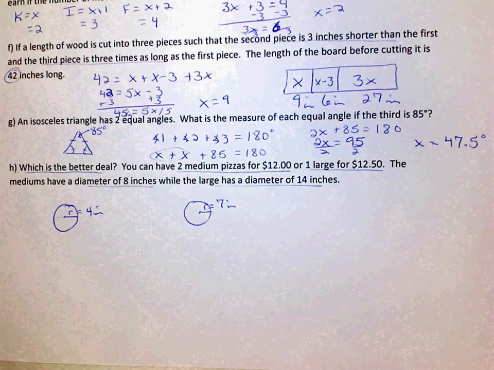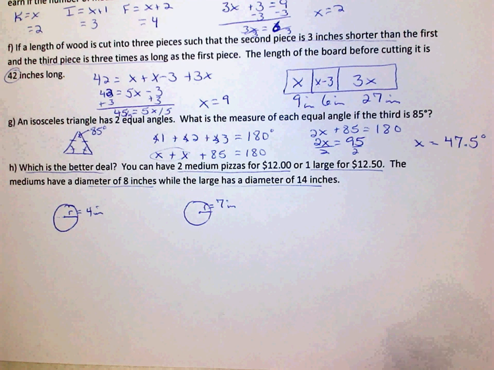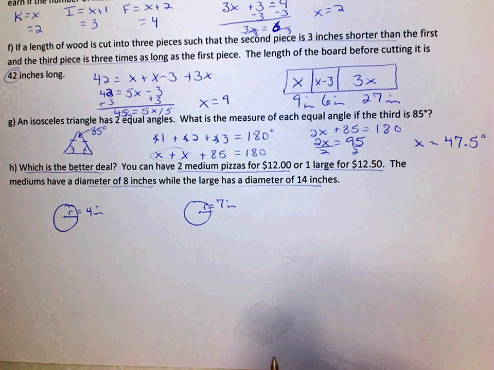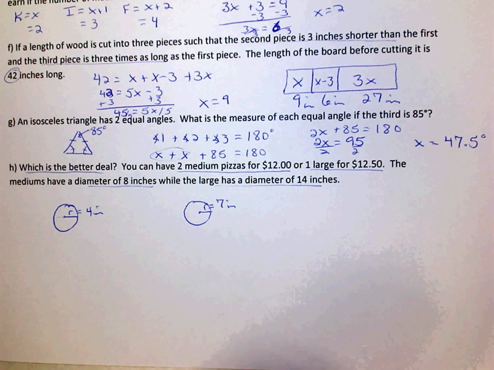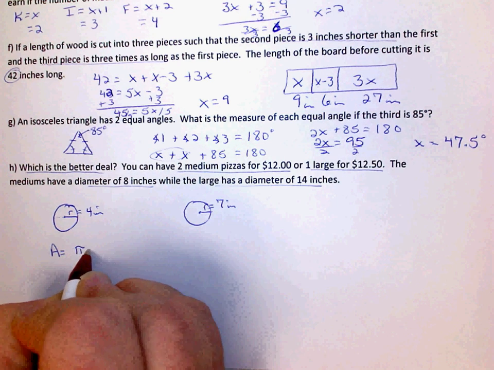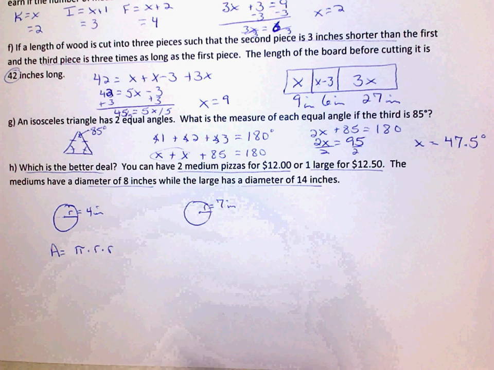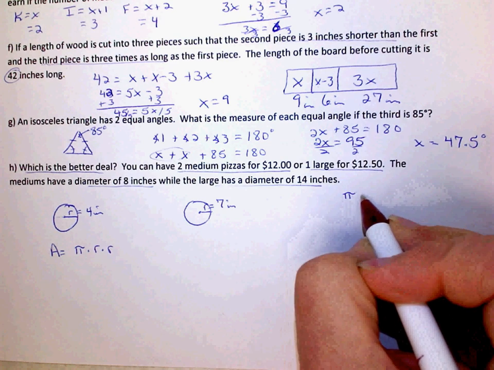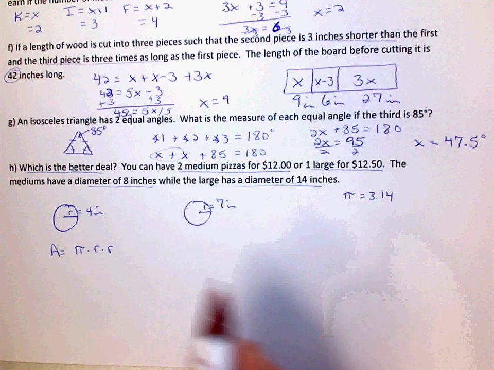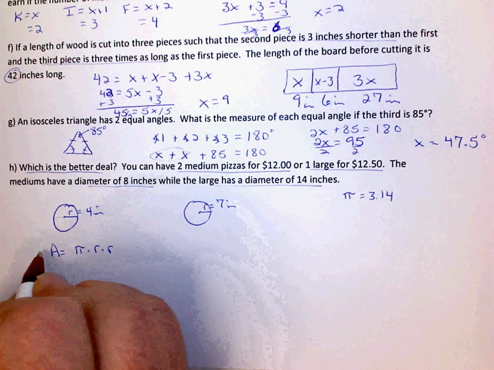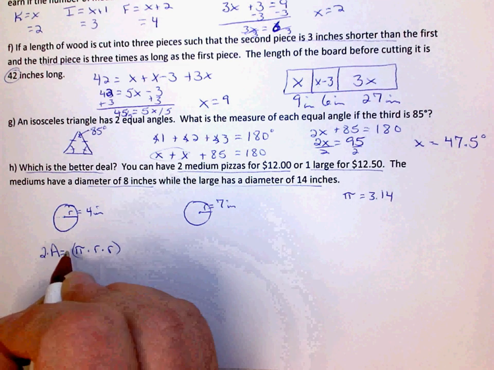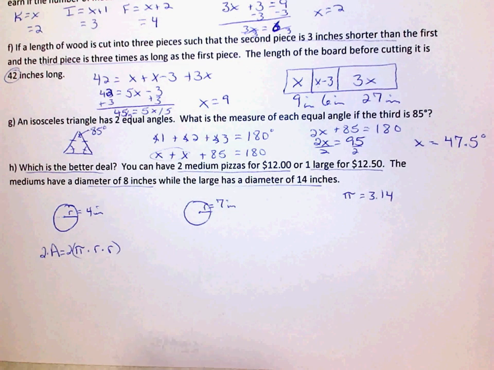Alright? Be ready to be surprised. Okay, you guys? Now the area formula is pi times radius times radius. Well, we're going to let pi equal 3.14. Hey, hang on, I got 2 of these. So I need to times this by 2, because there's 2 medium pizzas.